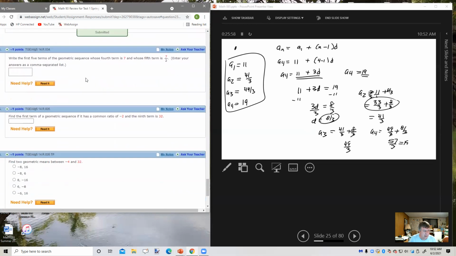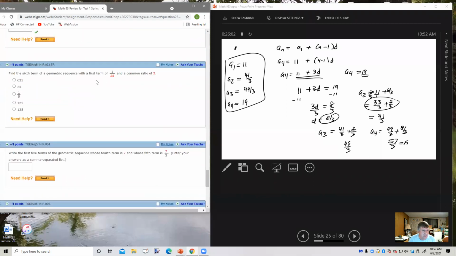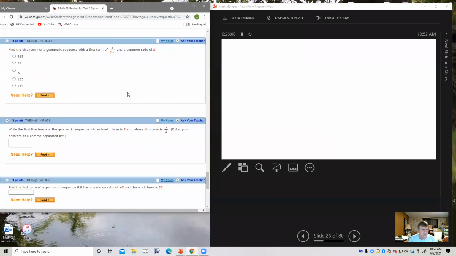All right, let's look at geometric sequences, and then we'll go on to the next chapter. So it says find the sixth term of a geometric sequence with the first term of 1/25 and a common ratio of 5. All right, so for a geometric sequence, a sub n equals a sub 1 times r to the n minus 1 power.